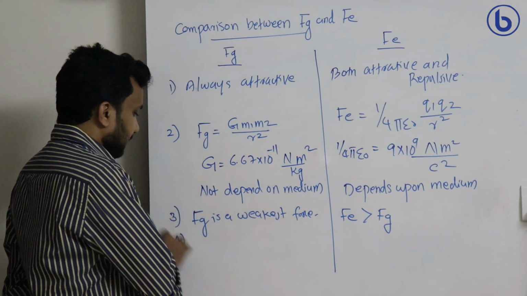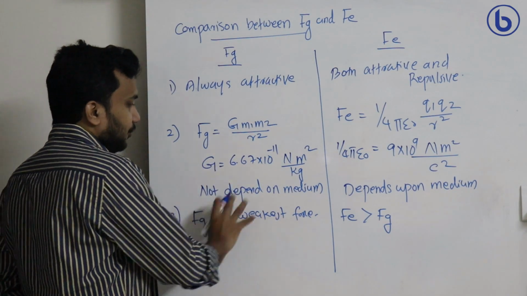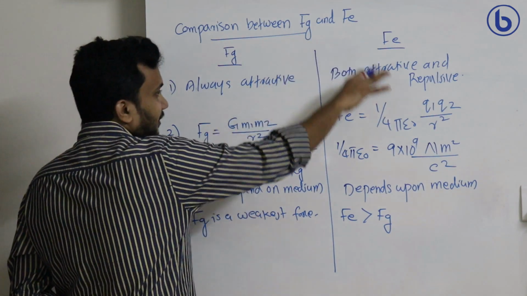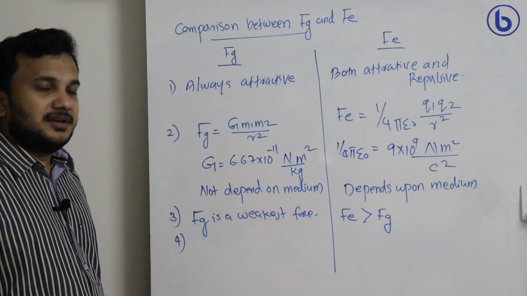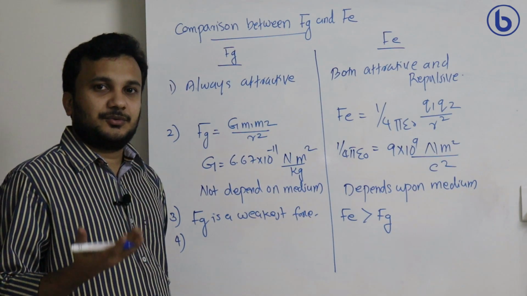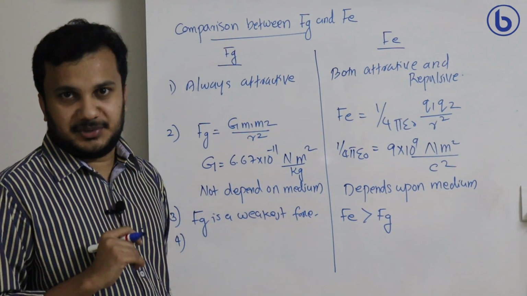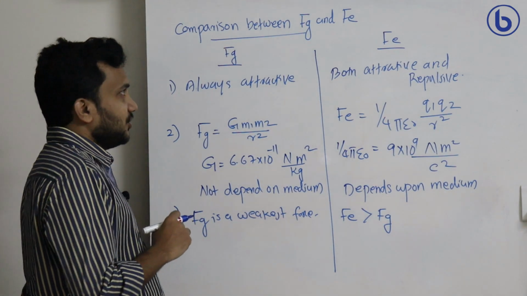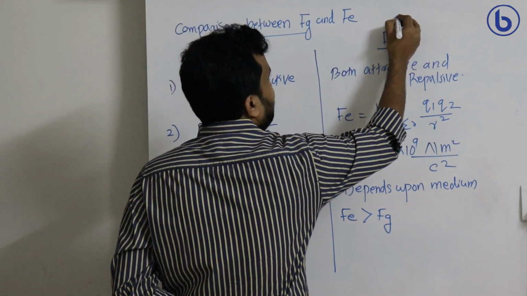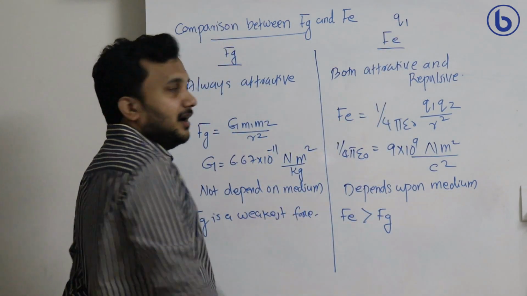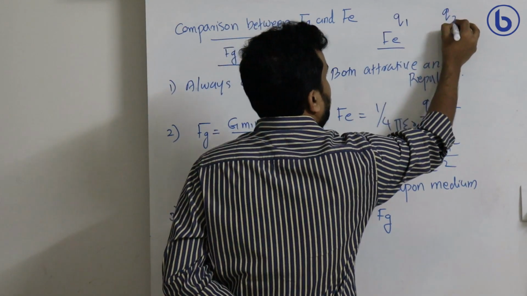And the fourth point. The highlight of the fourth point is the nature of the electrical force. Electrical force is either an attractive force or a repulsive force, so it is like an action reaction pair. For example, I have a charge called Q1, and I have another charge Q2.